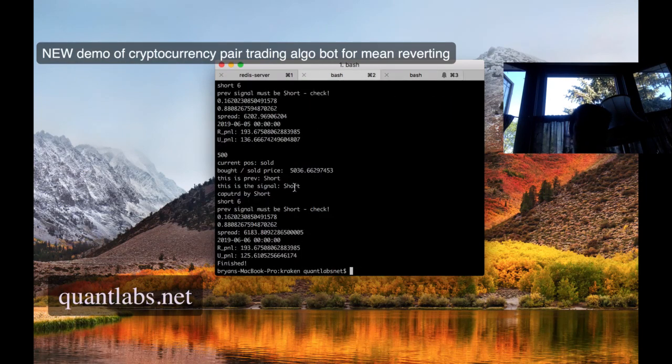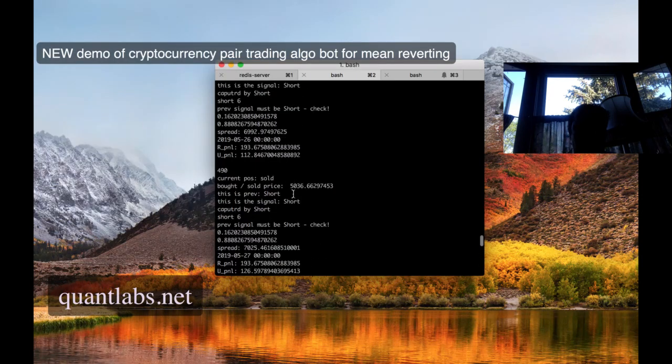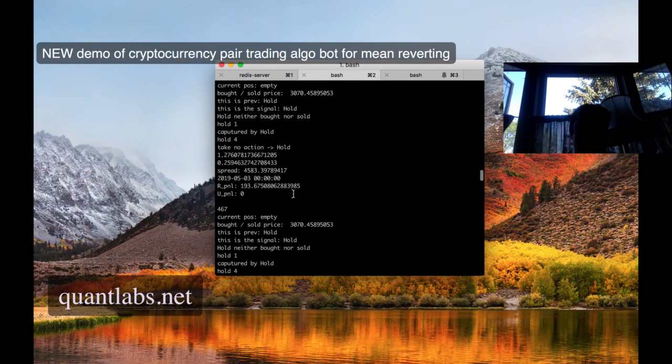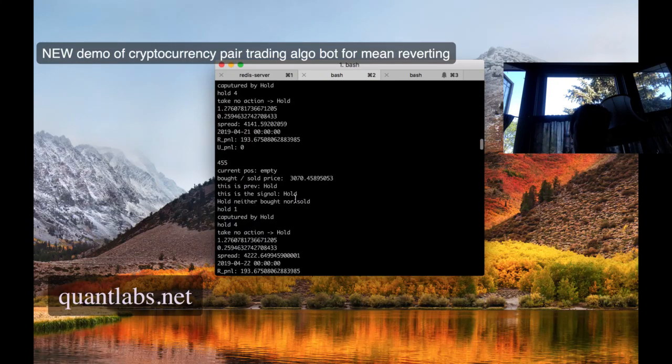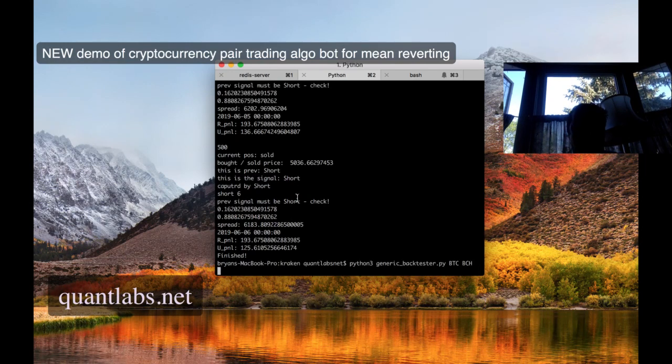Let me just see what this other script said. So this is the test of if this was true, you could trade it. So these are the results of that back test. And let me just run this one again. This will give you, is it co-integratable and is the data stationary?